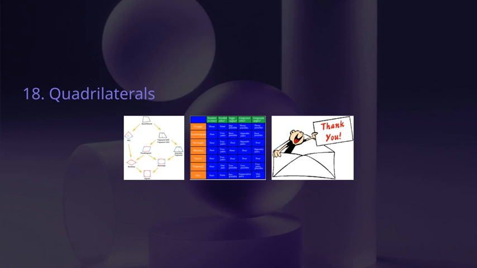Recognizing their properties helps us solve problems more efficiently and see how shapes relate to each other. Remember, the key to mastering quadrilaterals is understanding their angles, sides, and symmetry. This knowledge not only deepens our geometric understanding, but also connects to real-world applications, from architecture to design. So, keep exploring these shapes, because they truly form the building blocks of more complex geometry concepts.